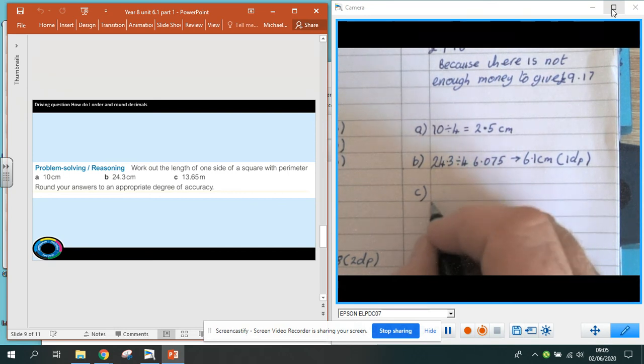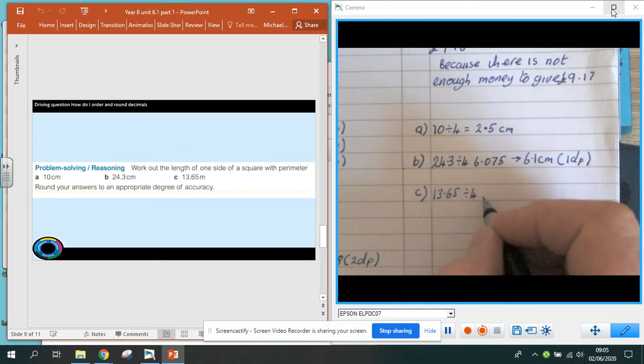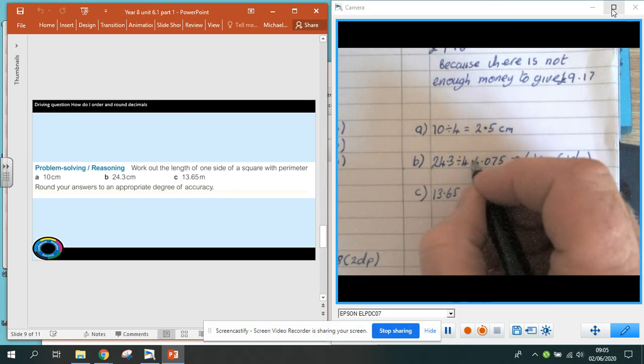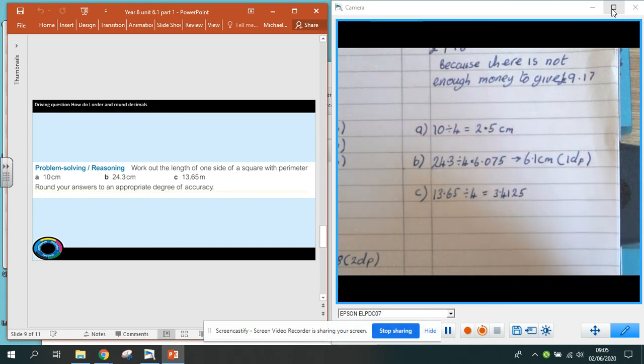And then the last one, 13.65, which if I divide that by 4, I get 3.4125.